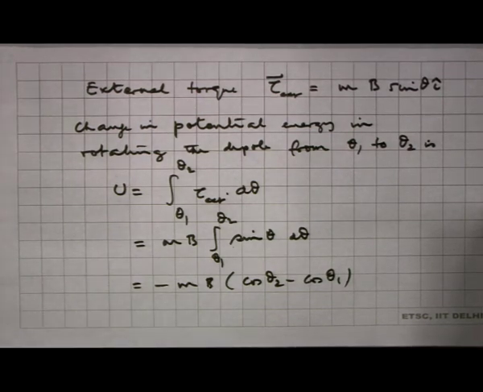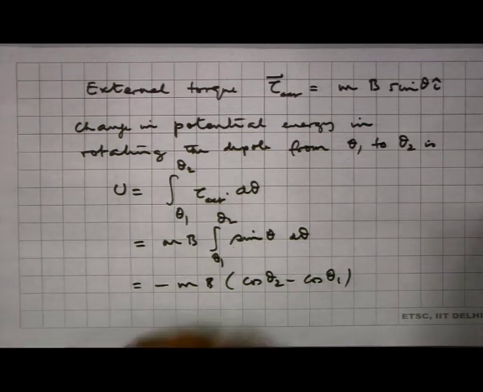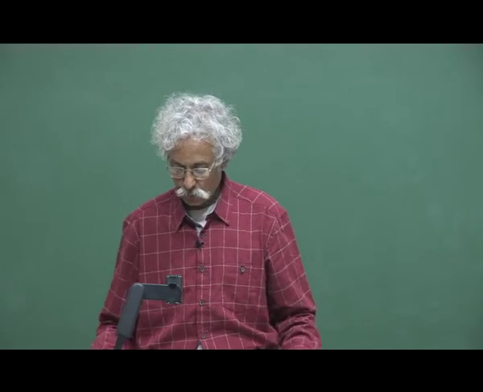That is the work which I need to do in rotating the dipole from an angle theta 1 to another angle theta 2. Now remember, in the electrostatic case we had defined the 0 potential energy at some orientation. Here also we will define the 0 potential energy to be at theta equal to pi by 2.